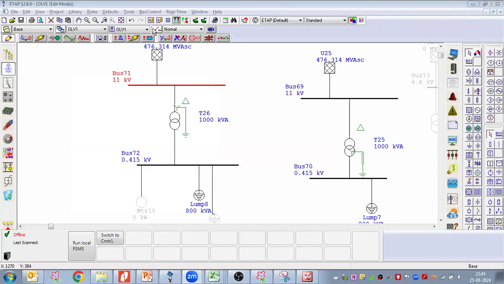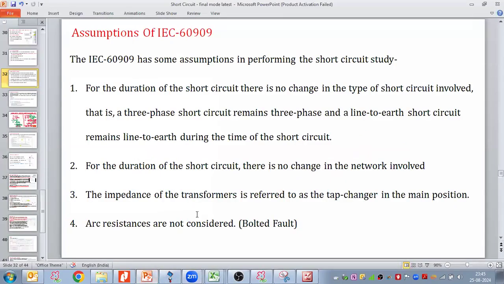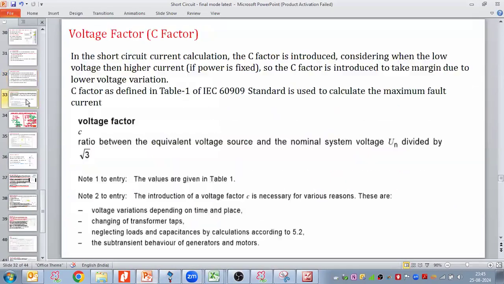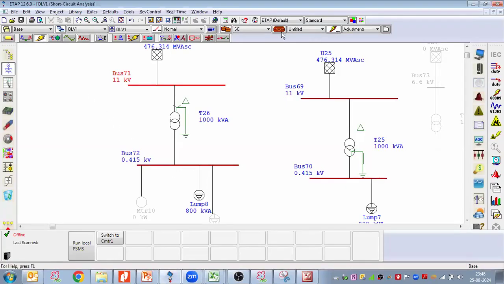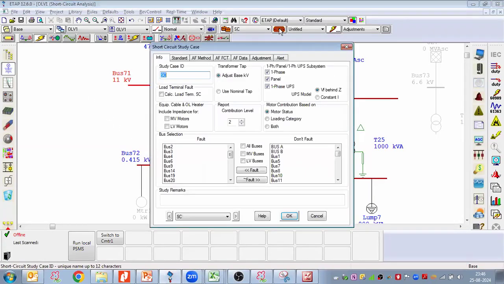Sir, please repeat the C factor. C factor is basically the voltage factor, Harshil. Here, when you do the short circuit analysis, you go to the unit study case, short circuit case.